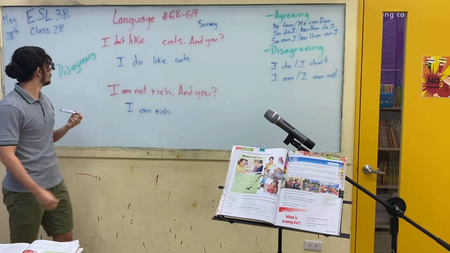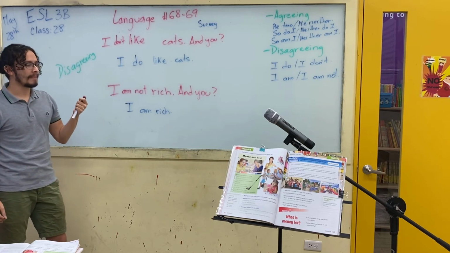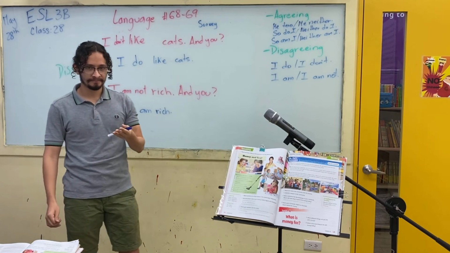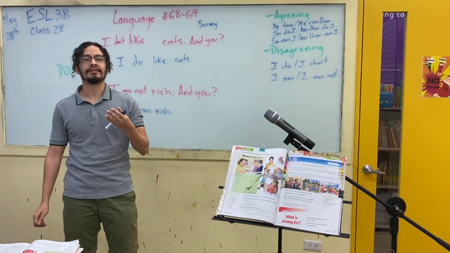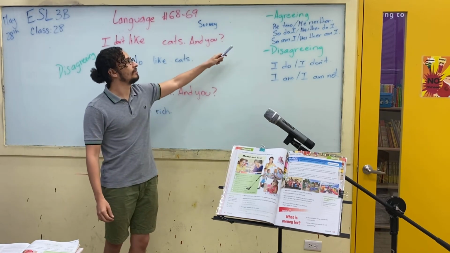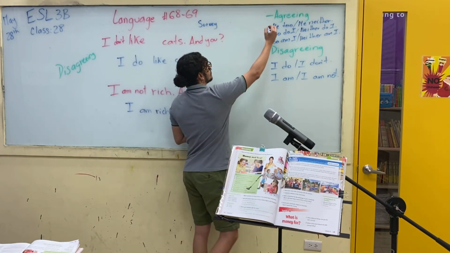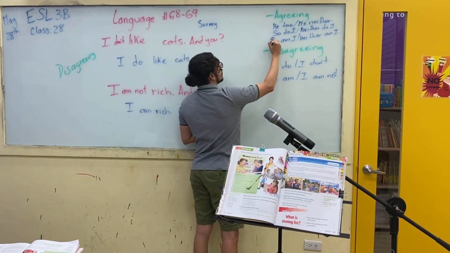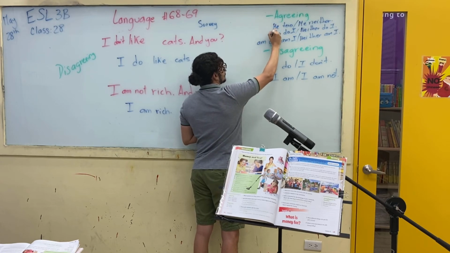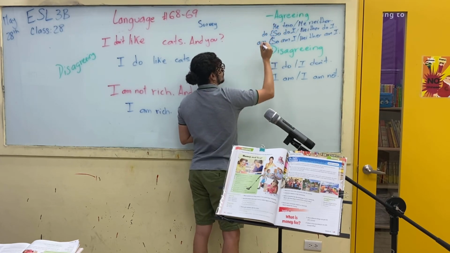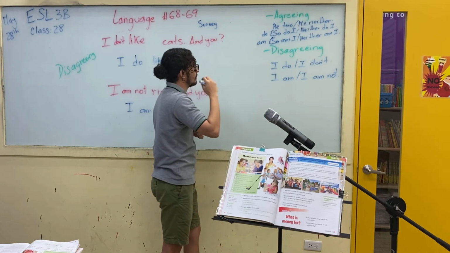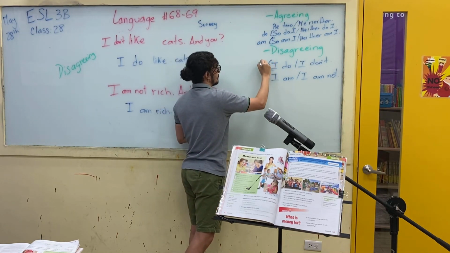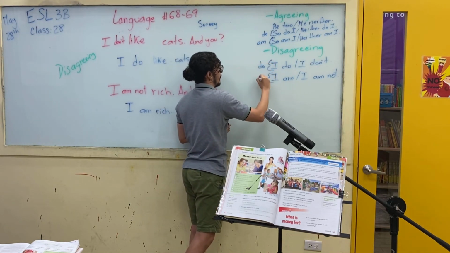I think agreeing is just when you think the same, when we both have the same idea, and you need to watch out. So this one is when the previous had am, and this one is when the previous one had a do or don't. And the same for this one. It's for do and then for am.